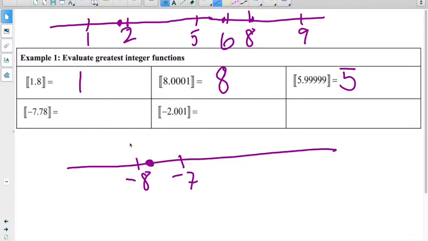What integer is less than or equal to this number? It's the integer to the left of it on the number line. So this is actually going to spit out negative 8. And negative 2.001 is right here, and the integer that is less than or equal to it is actually negative 3.